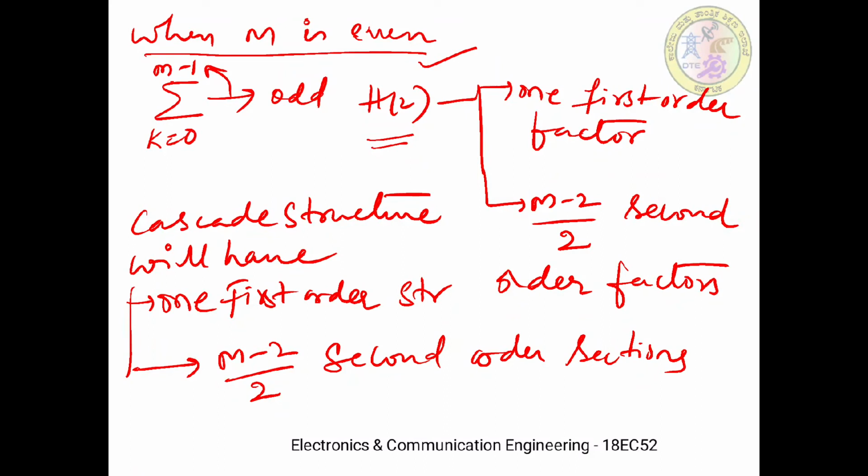So the entire cascade structure will have two parts: at the beginning one first order section, and the remaining sections will be m minus 2 by 2 number of second order sections. So now let us take one example to draw the cascade structure when m is even.